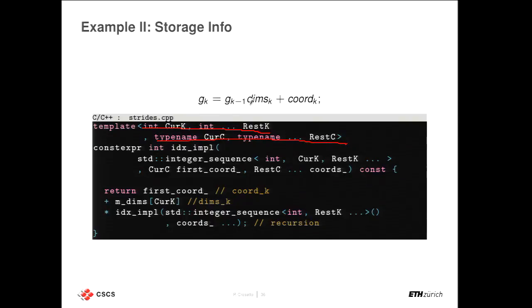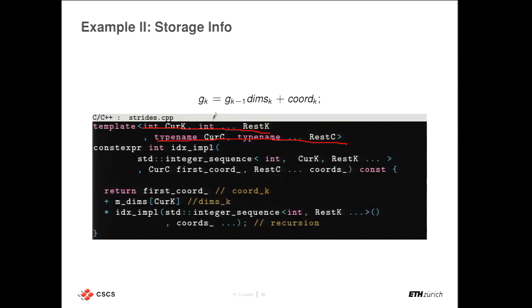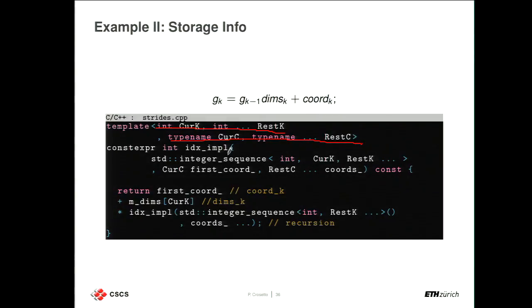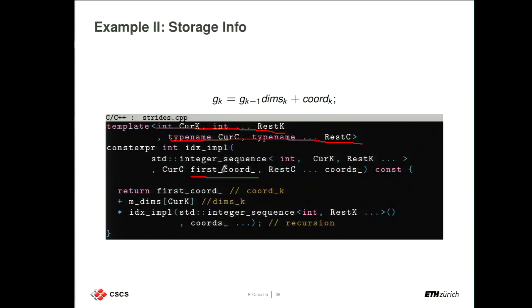So this is the k, and this is the coordinate here. We work on the current k and the current coordinate. Then we have the signature of the idx info accepting an integer sequence and the coordinates. The first coordinate will be the coordinate we iterate on in this case.